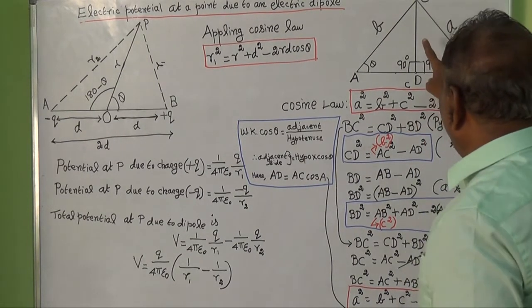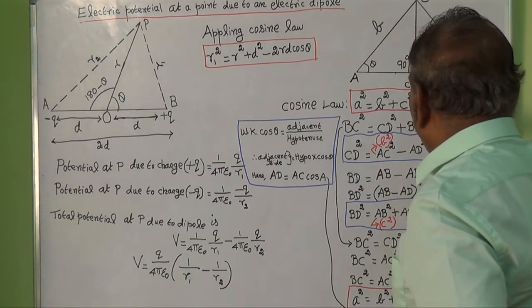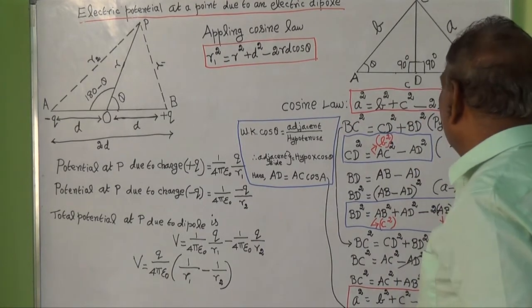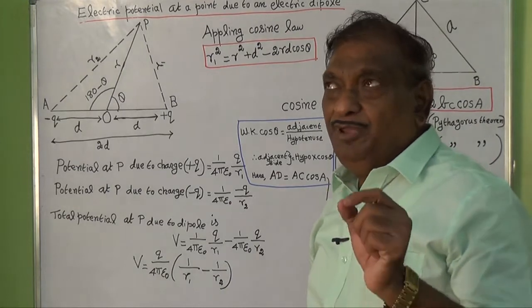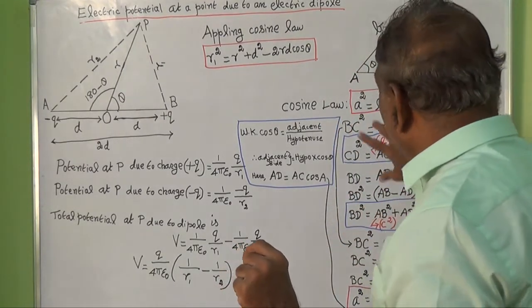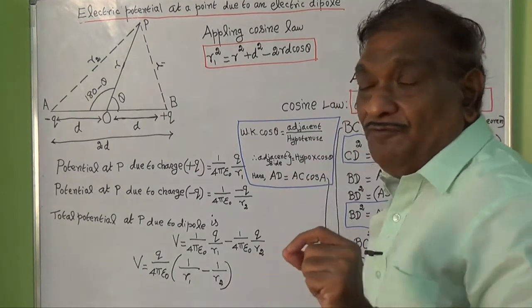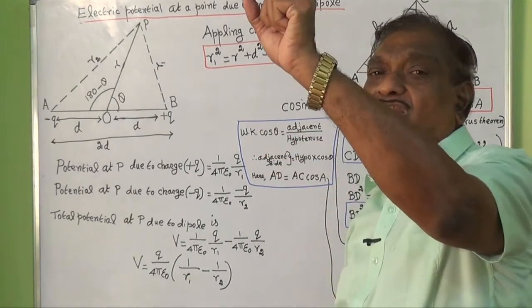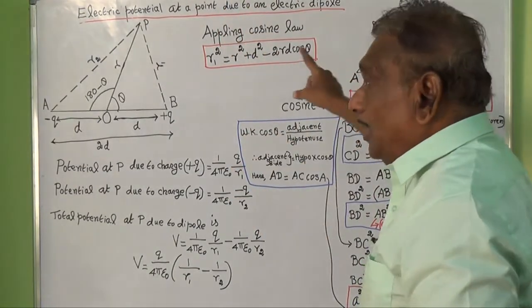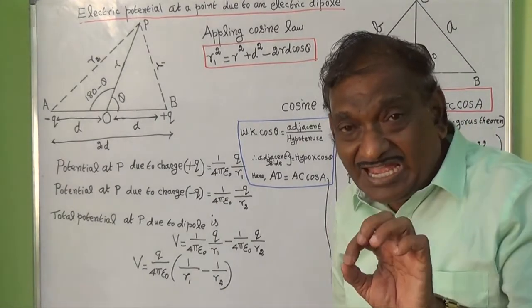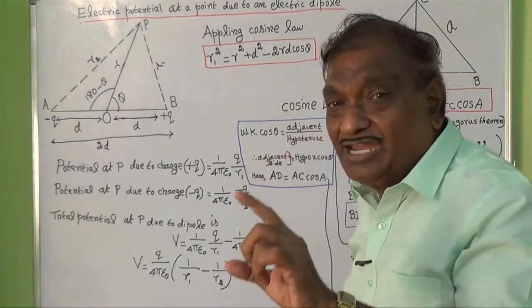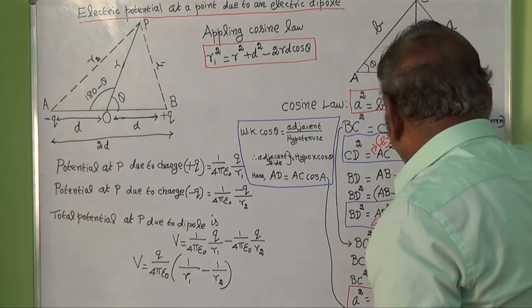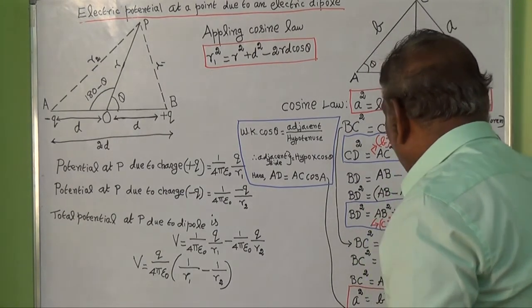On seeing the diagram, we know that BD equal to AB minus AD. We have to write BD as AB minus AD because we have to represent the side C. We have already got the side B. Now we have to get the side C, so we are going to represent BD as AB minus AD.